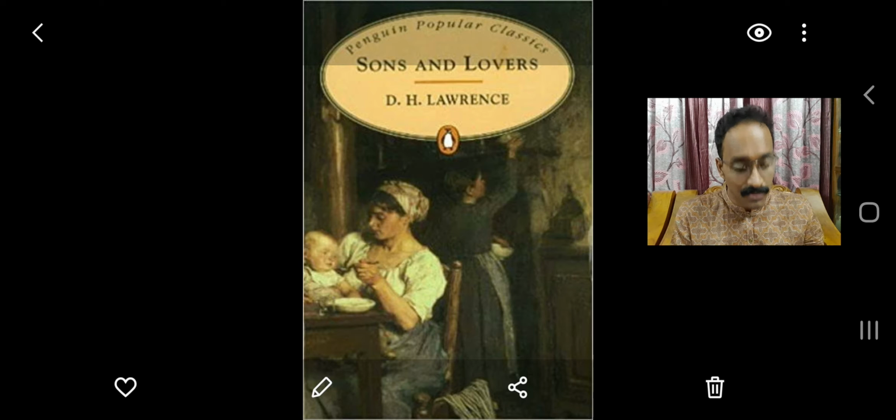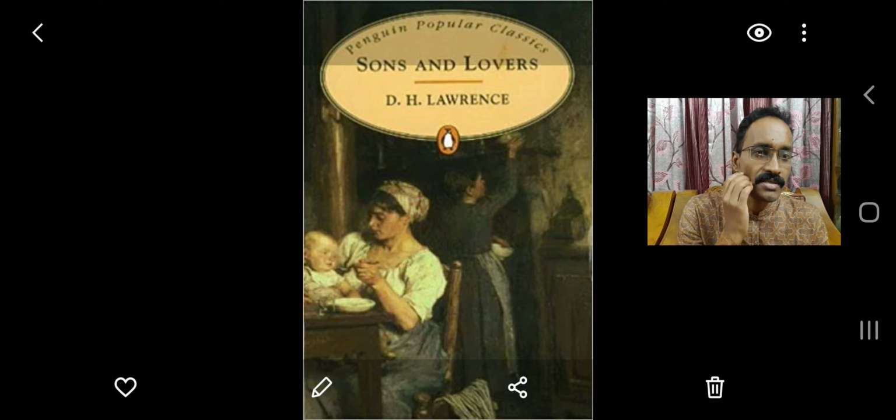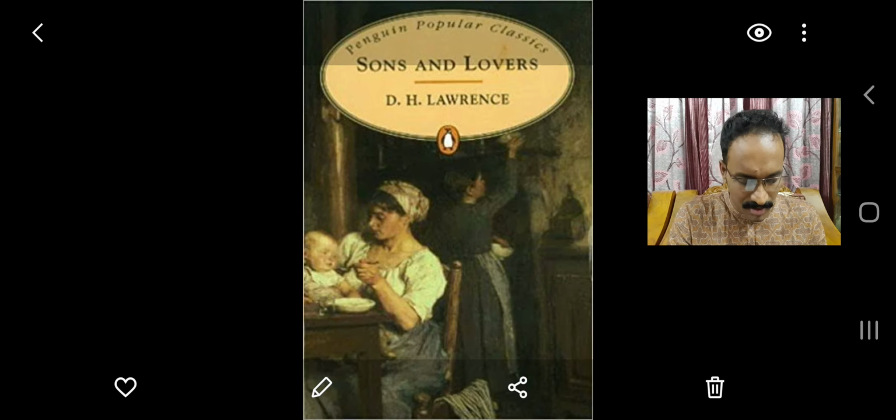The first and foremost thing is that this is a modern and psychological novel, and here one mythical background is there, that Freud has established, that is Oedipus complex. So Oedipus complex is a very important thing in this novel, and from here questions will come in the examination. That is, what is Oedipus complex, and how it is treated in this novel.